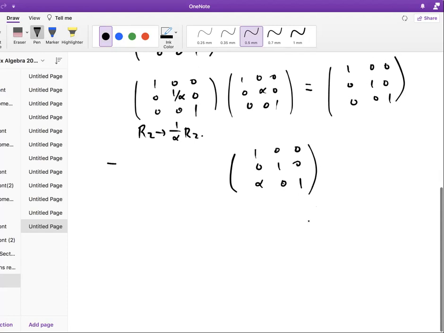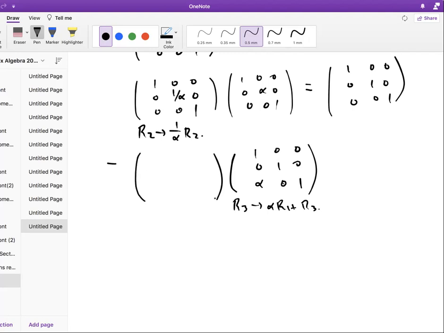First of all, you tell me, what operation is this? So what row operation did I just write? Good, yeah, so it's row 3 to alpha row 1 plus row 3.